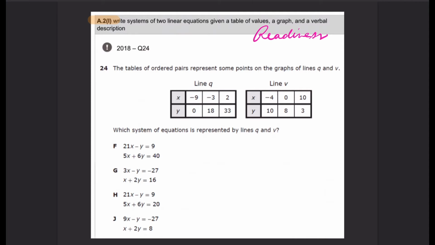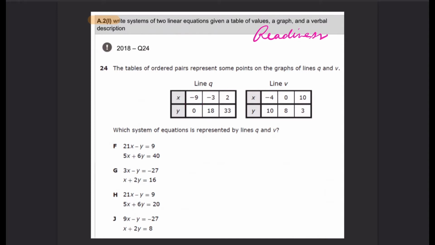The easiest way that I can think of doing it is finding the slope of each line and then converting your answer choices to slope-intercept form to see which two have the correct slopes. For line Q, the points that I'll be using are these 2.